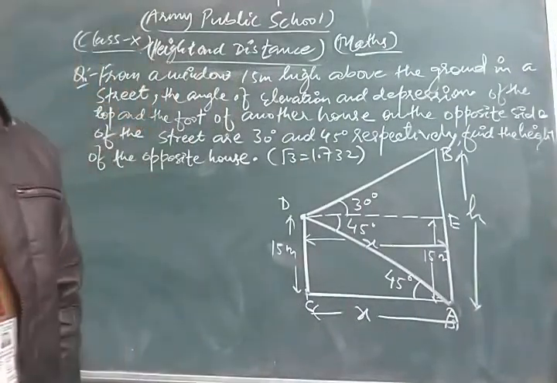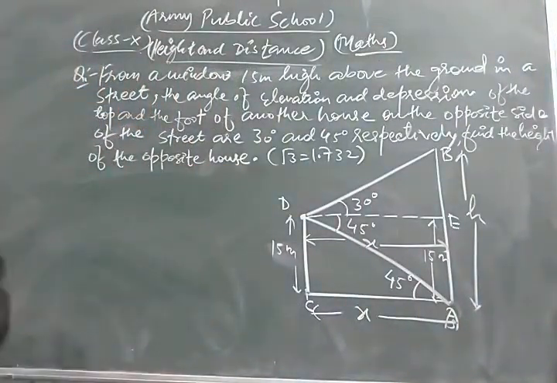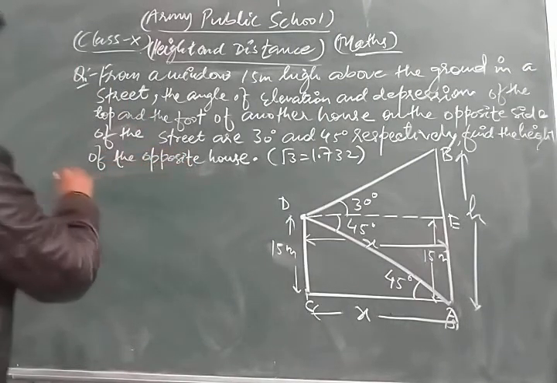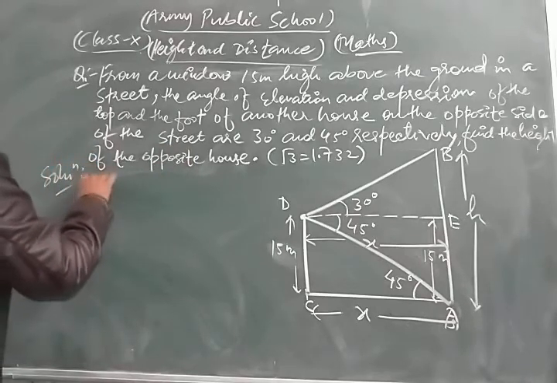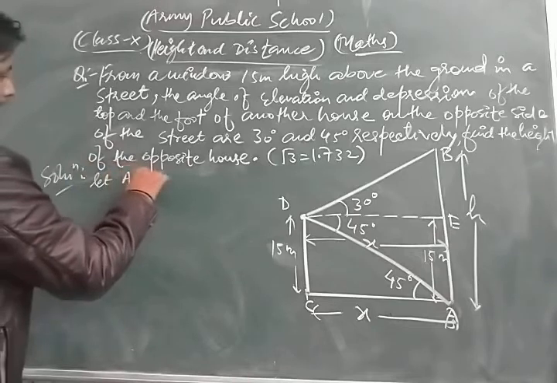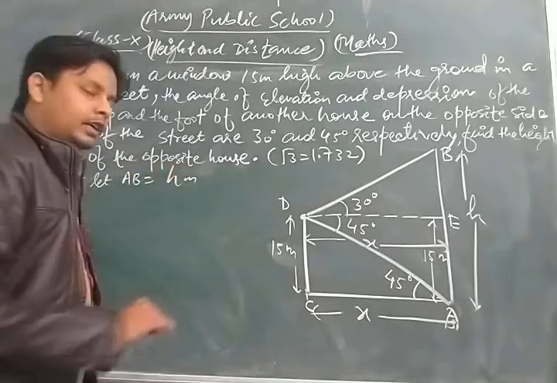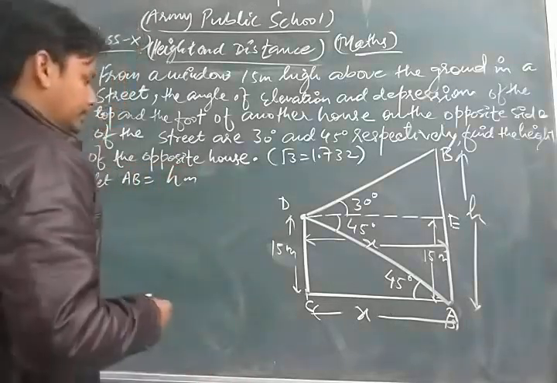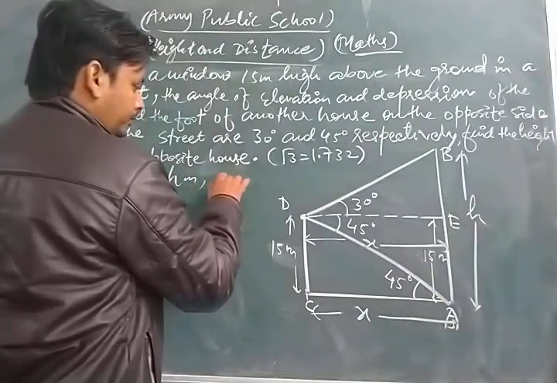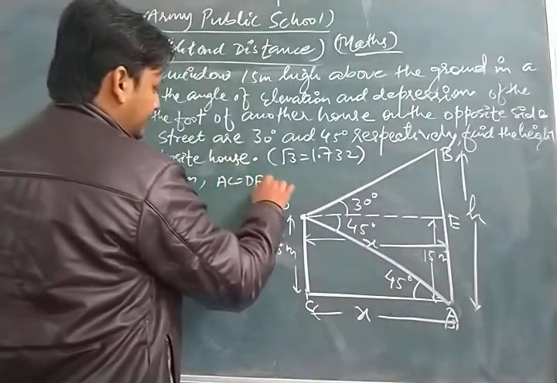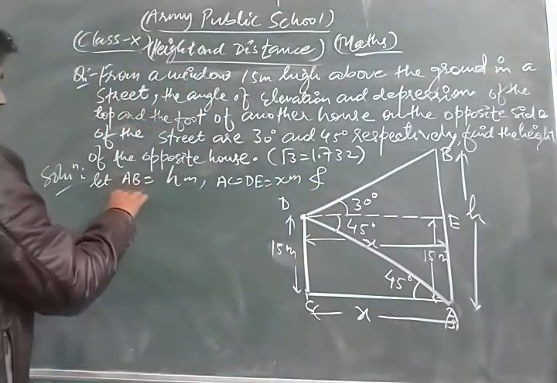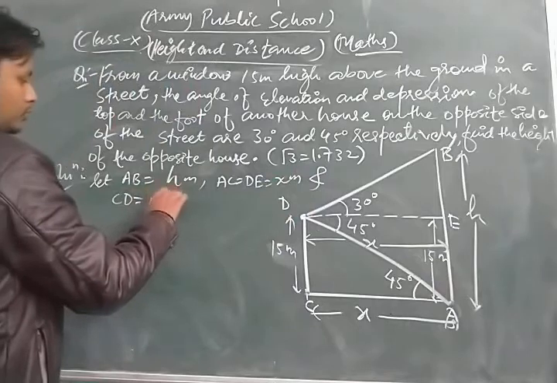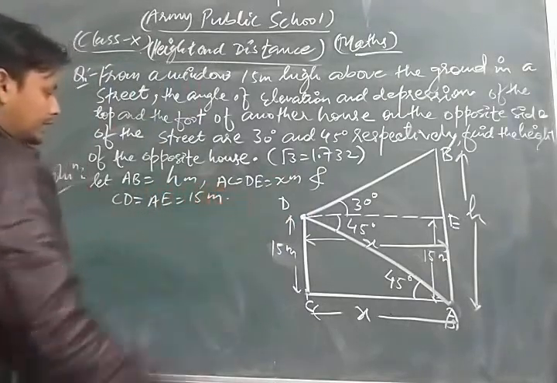Now let's see its solution. Let AB be equal to H meter, which we have to find, and AC equal to DE equal to X meter, and CD equal to AE equal to 15 meter respectively.